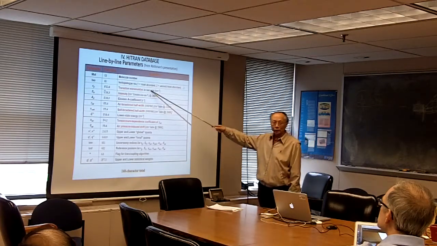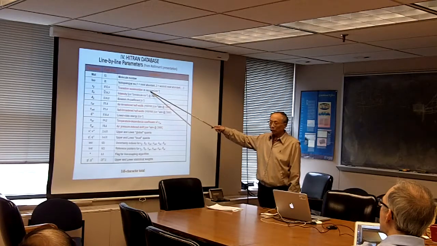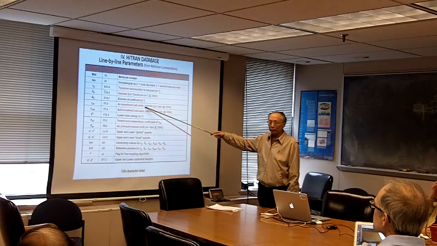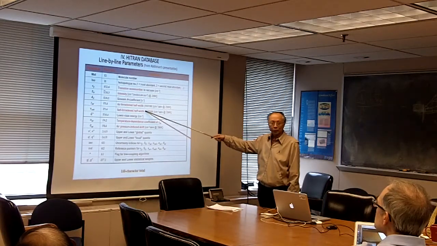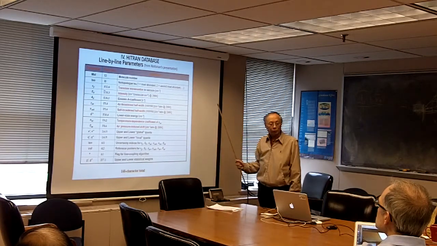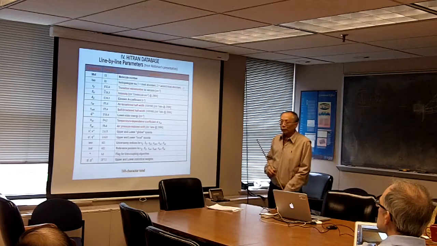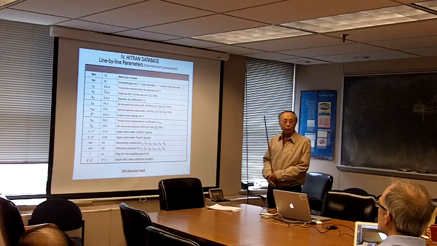One is the line position, the line location, then intensities, air-broadened half-widths, self-broadened half-widths. What does self-broadened mean? Self-broadened is water vapor broadening by water vapor. The air broadening is contributed by nitrogen broadening and also includes oxygen broadening.